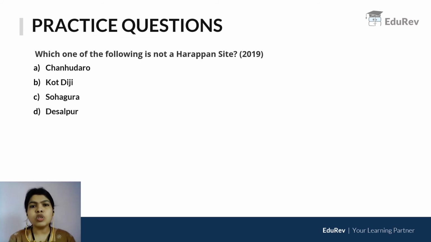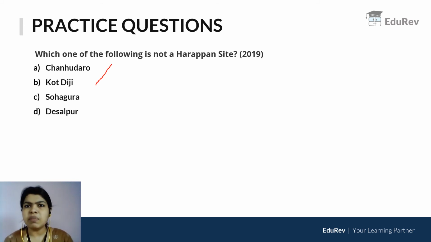Now, why did I mention so much about the sites is because of this particular question. It was asked in the year 2019, which one of the following is not a Harappan site? So you need to remember most of the Harappan sites, but even then, this question is considered to be difficult actually, because Chanhudaro and Kotdiji, people who have read a lot would know that this is a very easy thing.